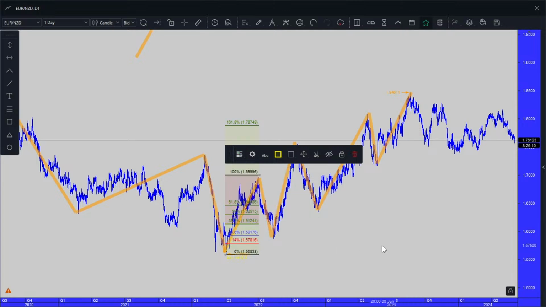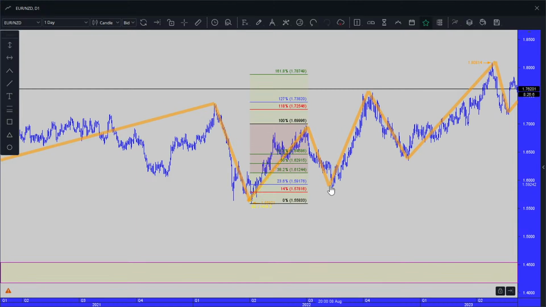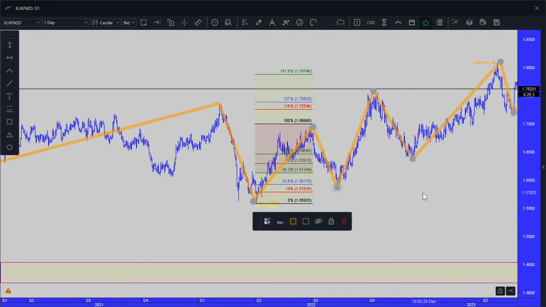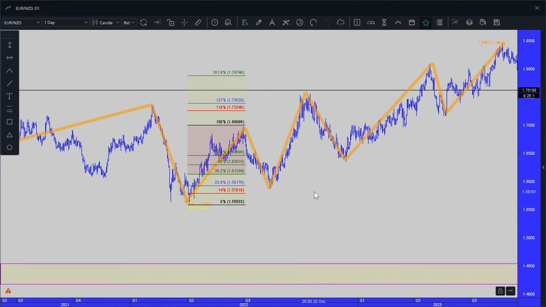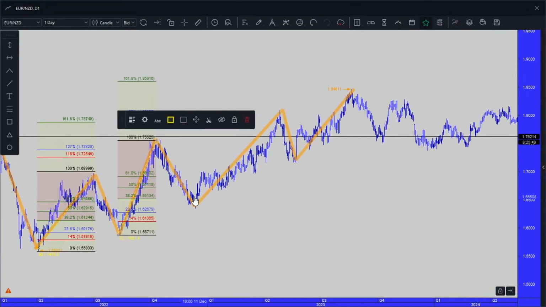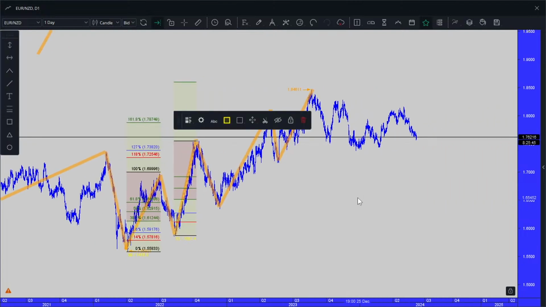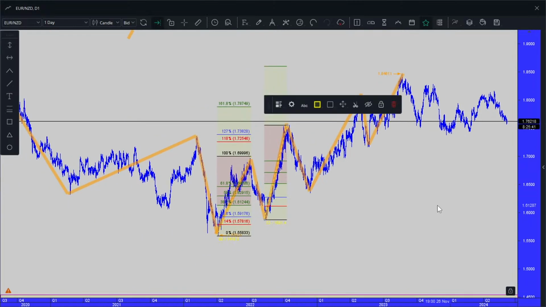ABCDs, original Fibonacci. And by the way, same rules apply, right? So as you can see here, the blue, it hit the blue, so the new Fibonacci is going to be this one, and then this is the green, and this is the Fibonacci on the market wave on Euro New Zealand daily chart.